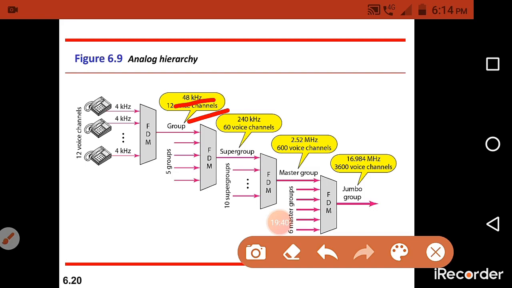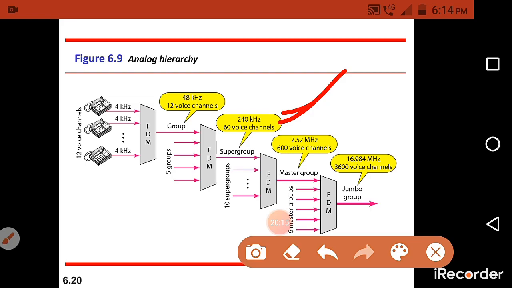Each group has 48 kilohertz and contains 12 voice channels. If we multiplex those 48 kilohertz groups, each containing 12 voice channels, then we will get the supergroup. That supergroup has a bandwidth of 240 kilohertz, okay. Each group has 12 voice channels, totally 5 groups, so we get 60 voice channels.